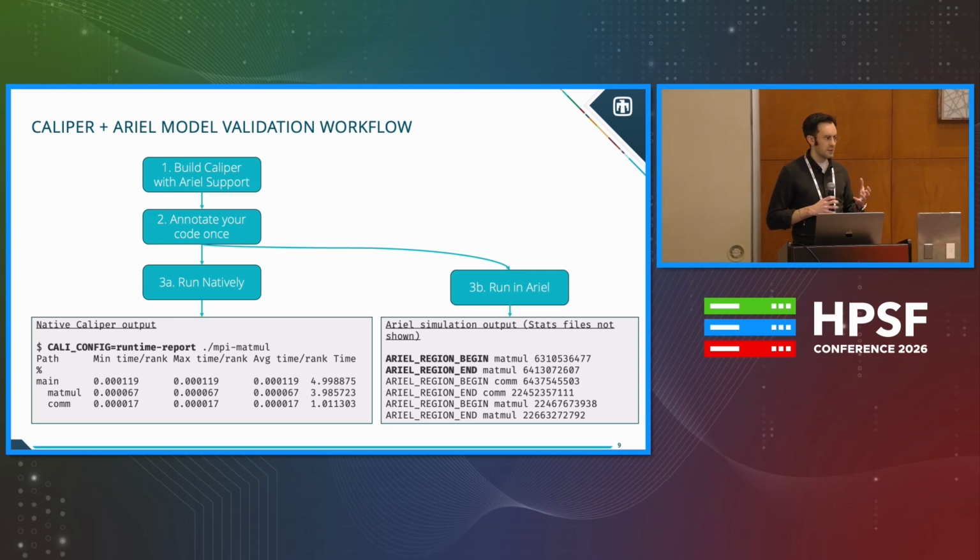And now when it comes time to validate your simulator, say you have a Sapphire Rapids box, and you also made a Sapphire Rapids model in SST, you can just run the same thing natively, get your Caliper report, and you can run it in your Sapphire Rapids simulator that you built with Aerial. And you get this really nice one-to-one comparison, which makes validation of your simulator much simpler. So this is a big usability update for SST.